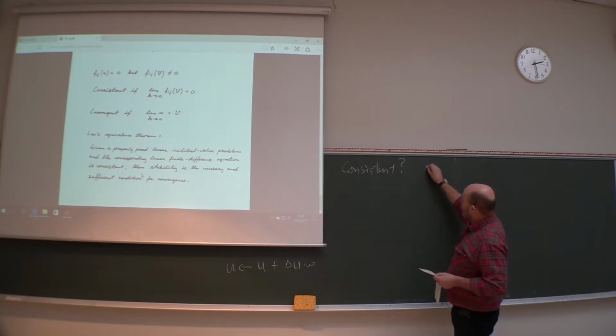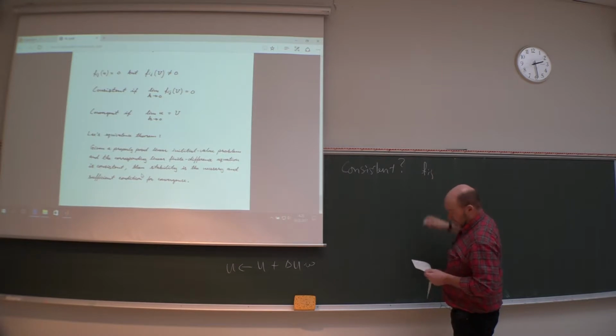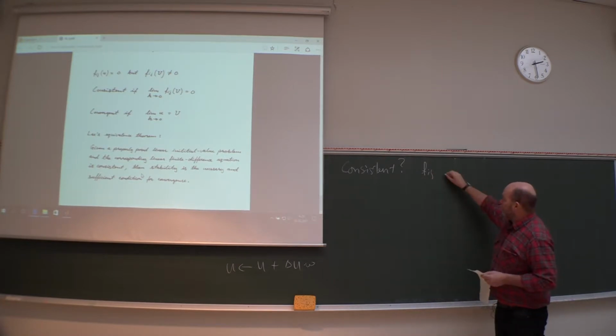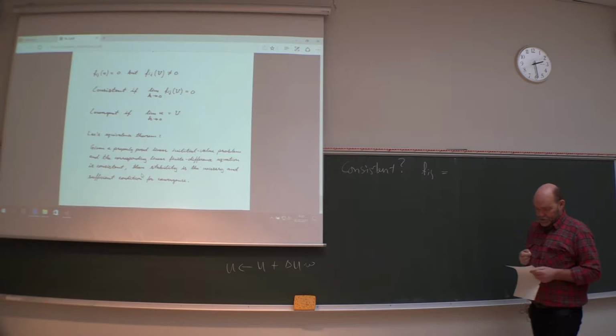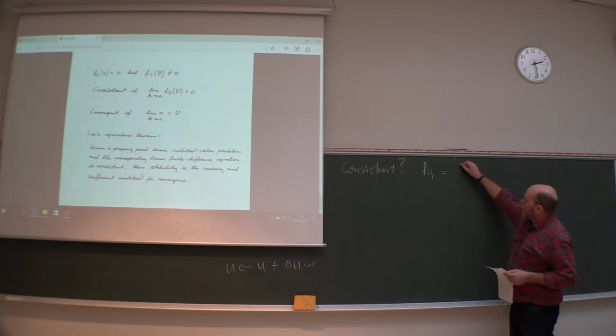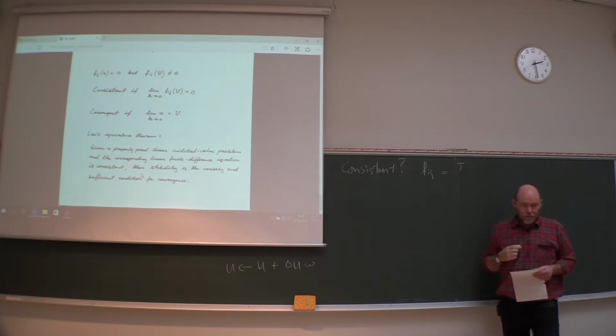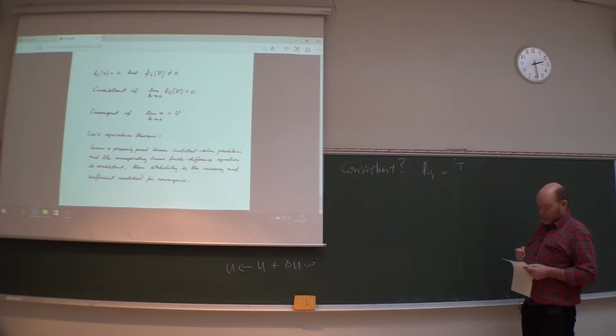Well, my F_ij, what is it in the example that we just had? There I had temperature, and then I need a double derivative in both directions.